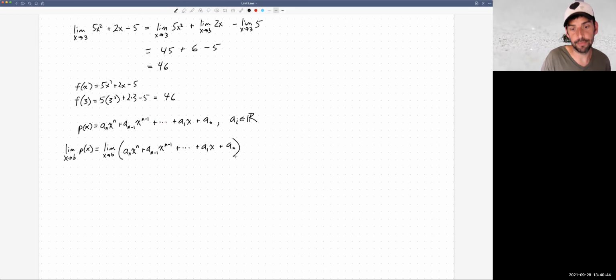So there's my polynomial. I'm taking that limit. I can use the sum rule. Take each of these individually.